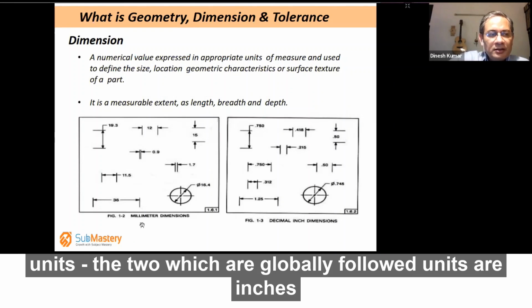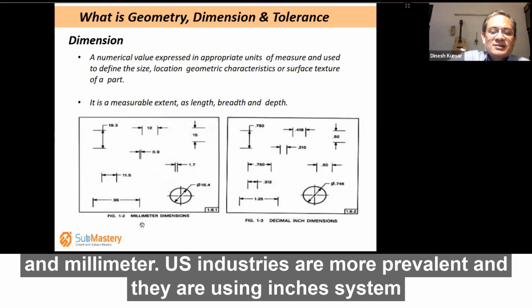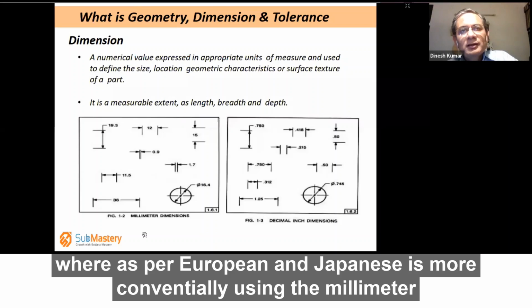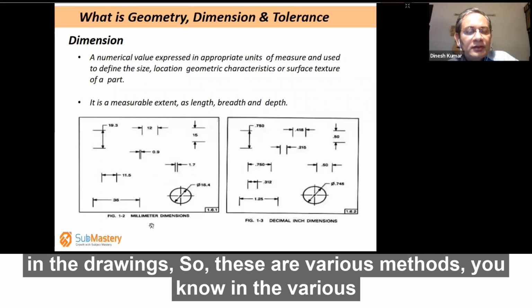The two which are globally followed are inches and millimeter. US industries more prevalently use the inch system, whereas the European and, let's say, Japanese world more conventionally uses the millimeter in drawings.